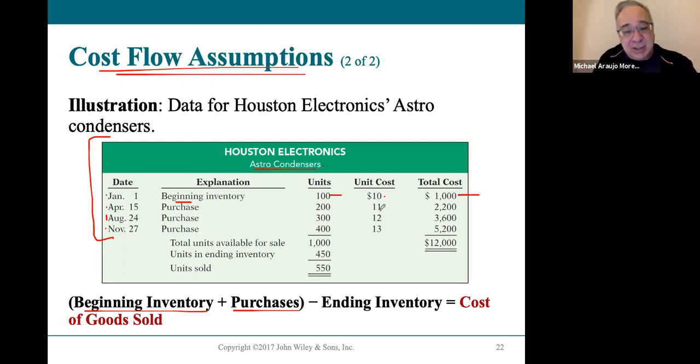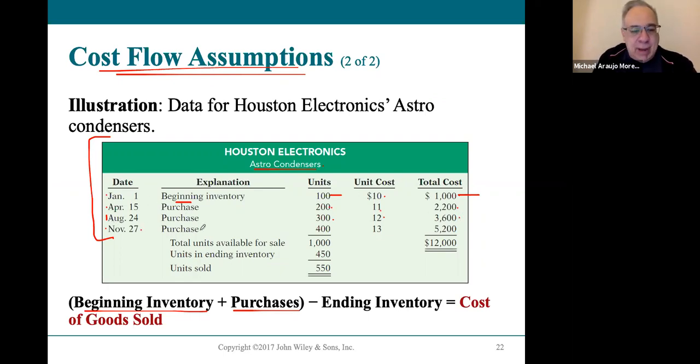So now they paid $11 each, so they added $2,200 of cost to their astro condenser inventory. In August, they bought 300 more, and again, the cost increased to $12 per astro condenser. So they just forked out $3,600 in August for more of these things.